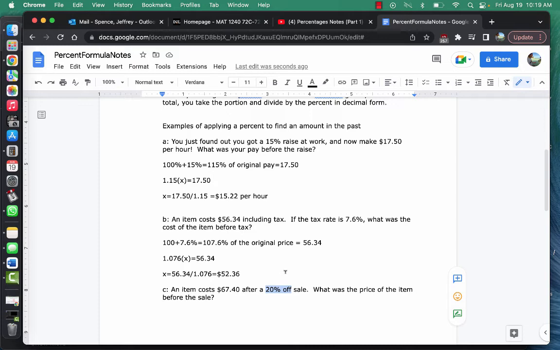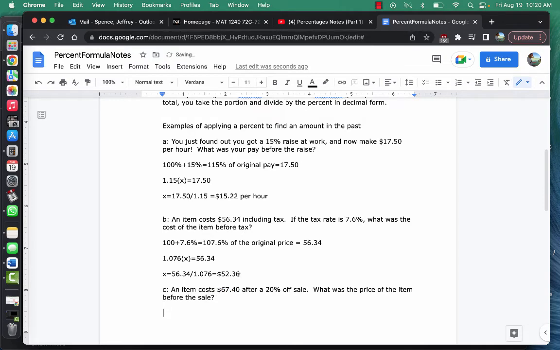We want to find the amount of an item, and we're given the result after a percent increase or decrease. So we want to figure out the previous amount. We're always given the amount after that percent increase or decrease.